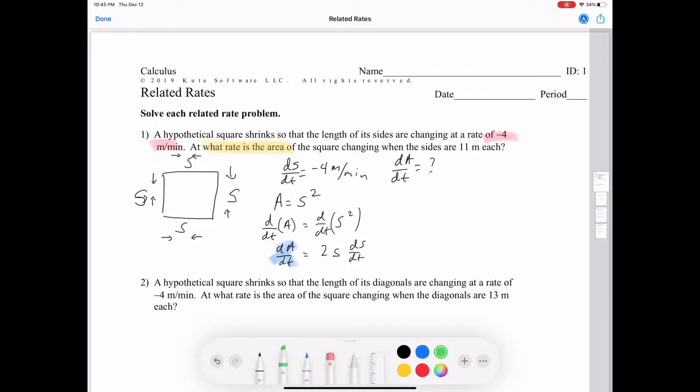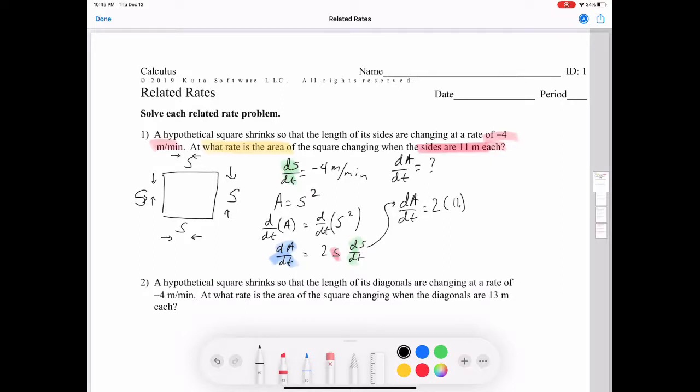And we have ds over dt. Bam, we got that. We also got our s value here. Okay, that's our s value. So we have everything we need to solve for it. So dA over dt is equal to 2 times 11.